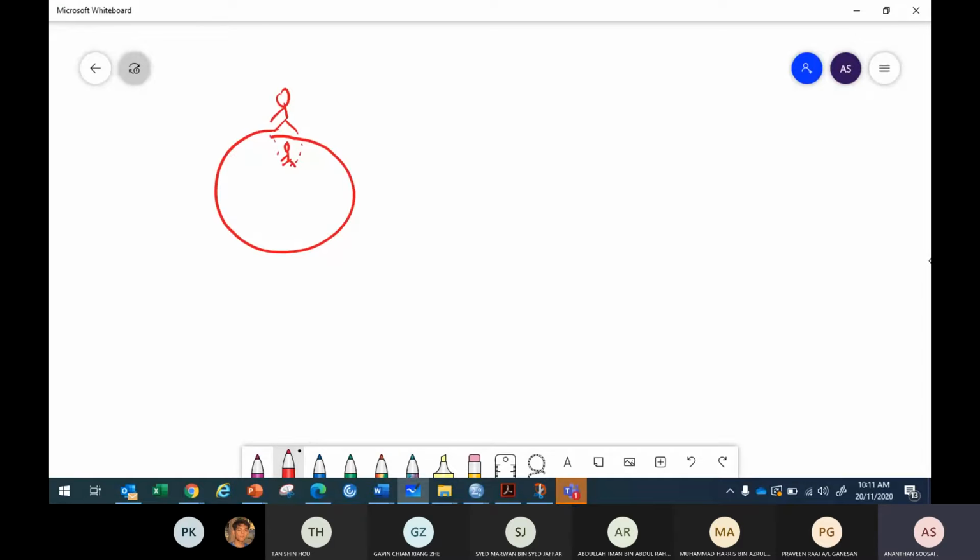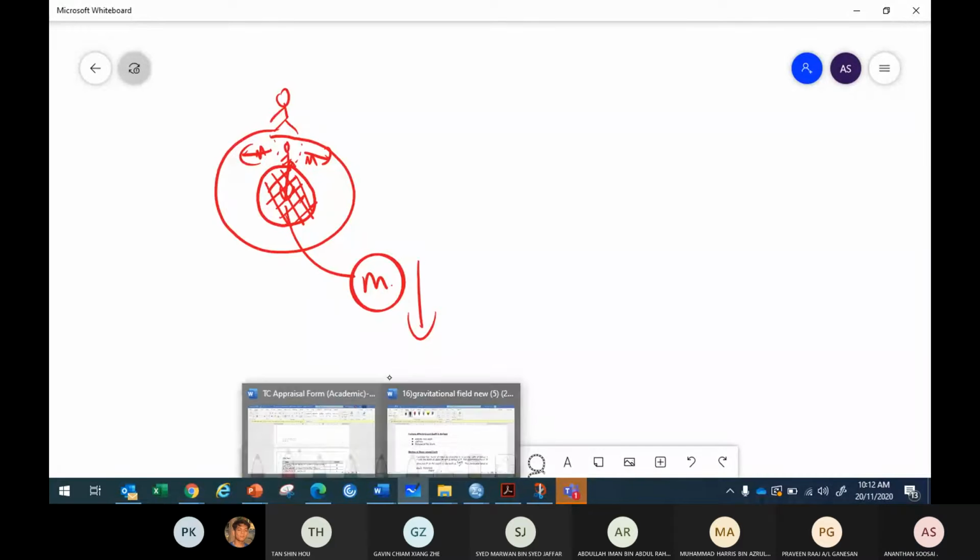You have already dug the land, you are here. The mass which is responsible for your gravity is beneath you, this mass. The mass at the side also gives gravity, but that gravity cancels at the side. So the mass which is responsible for pulling you down is getting smaller.